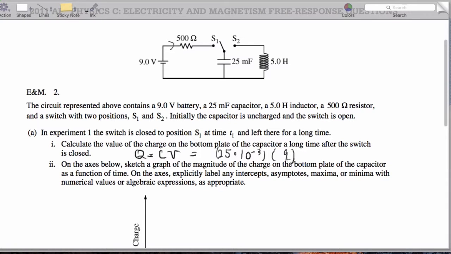So that's 25 times 10 to the negative 3, and that times 9 gives us a charge on the bottom plate of negative 0.225 coulombs.